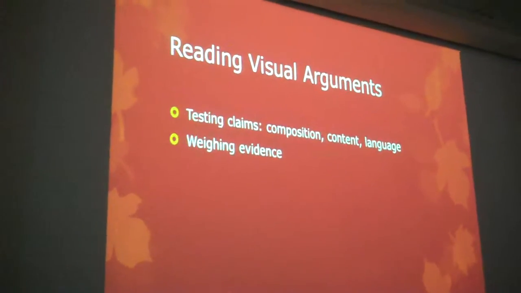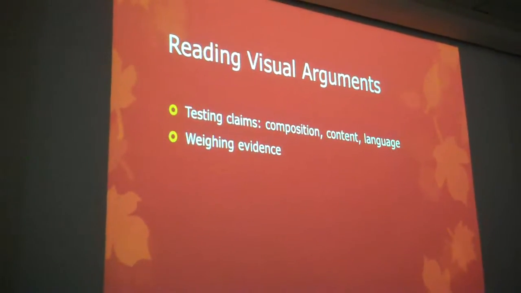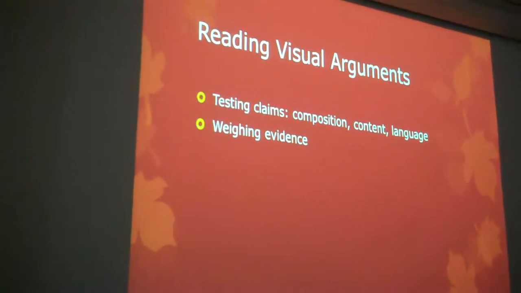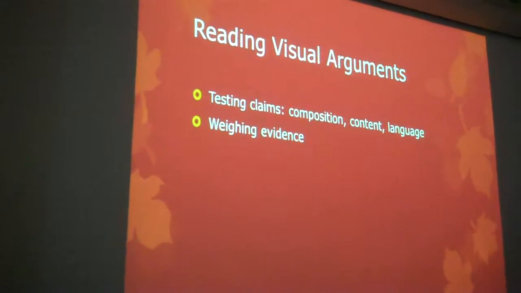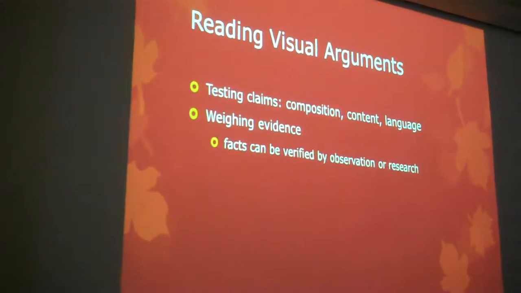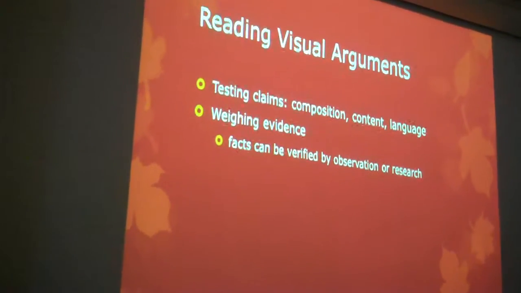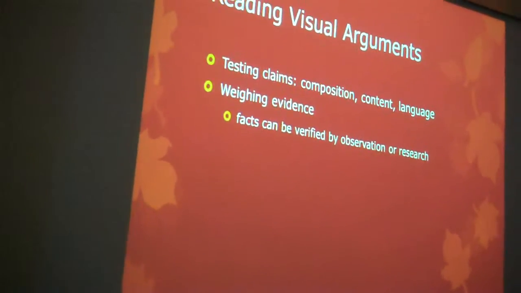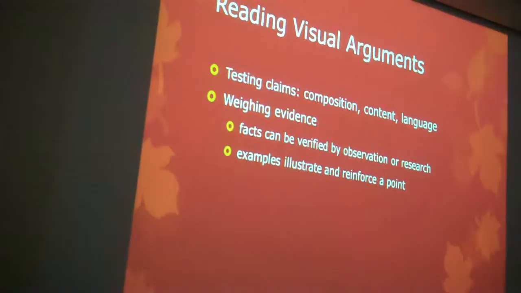You can weigh evidence, if it's a commercial or an ad, as far as why this product does what it's supposed to do. And then you can verify the facts by observation or by research, so you can use comparative analysis if you want to.